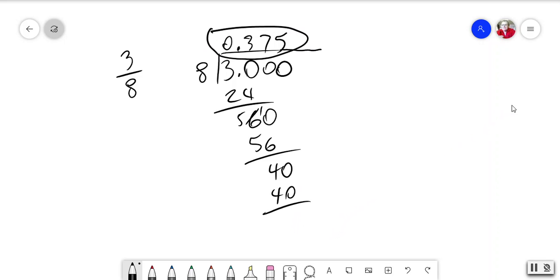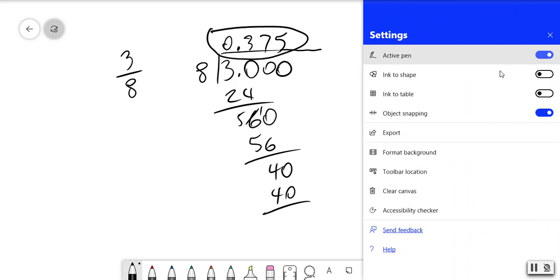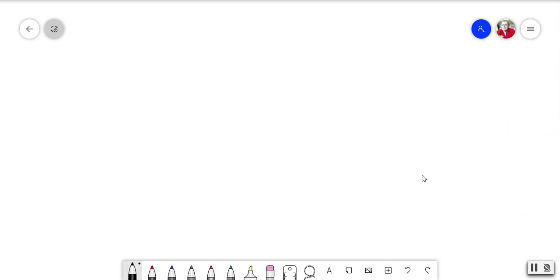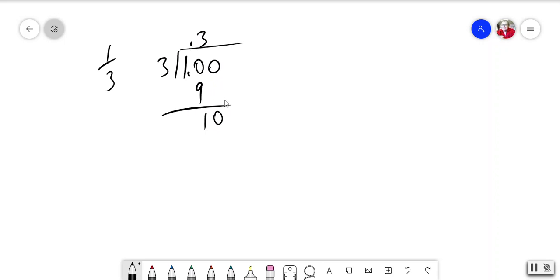Okay, I just now said, as long as I have a remainder, I have to keep going. Well, that's not quite true. Let's say I had 1 over 3, and I divide 1 by 3. 3 times 3 is 9. Well, you see it's repeating.